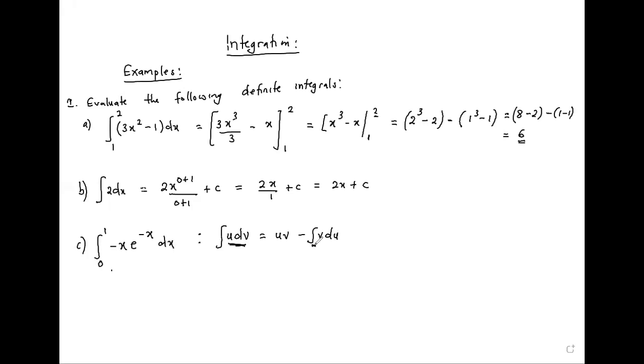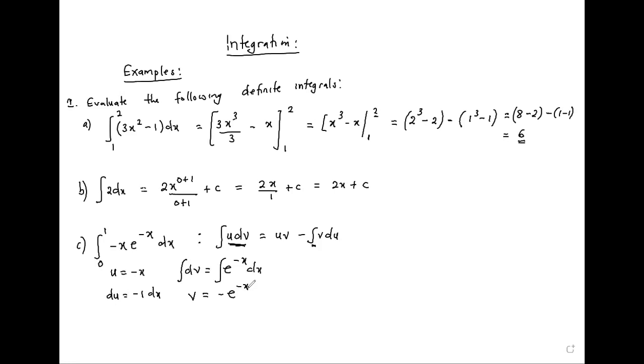So in this case, we'll let u be negative x and dv be e to the negative x dx. Then we'll differentiate u, we'll get -1 dx. Then we'll integrate dv to get v, so that we get -e to the negative x.